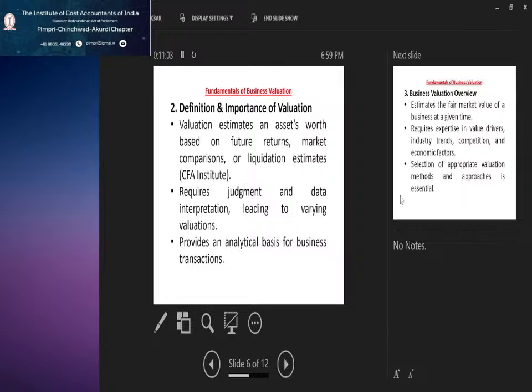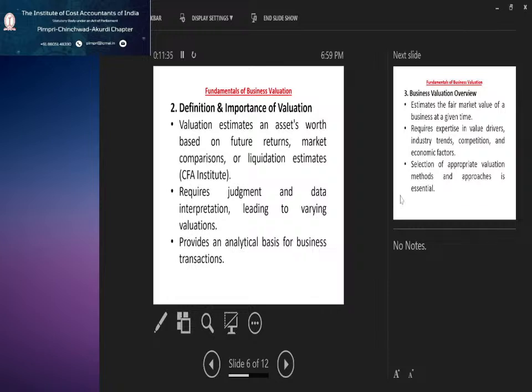Definition and importance of valuation. Valuation estimates an asset's worth based on future returns, market comparisons or liquidation estimates. This is the definition given by the CFA Institute of the US, and typically it is an estimation of a company's assets' worth based on future returns, market comparisons or liquidation estimates.